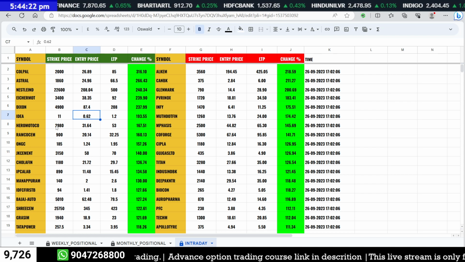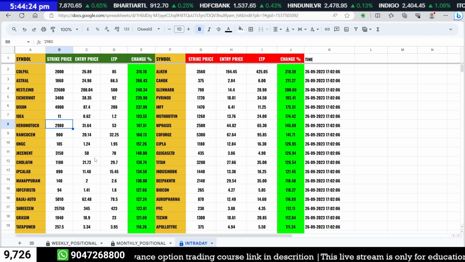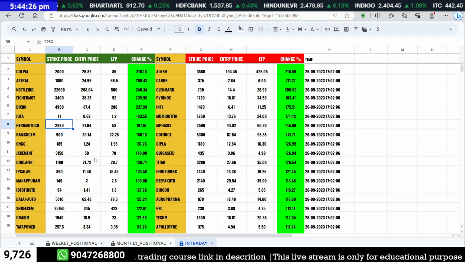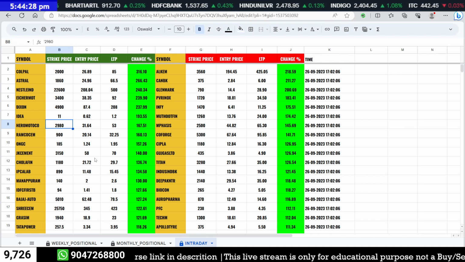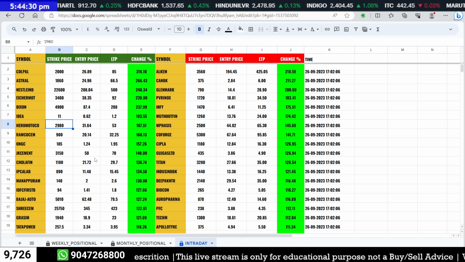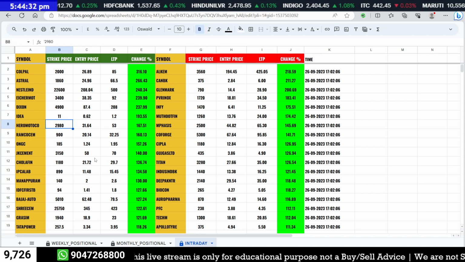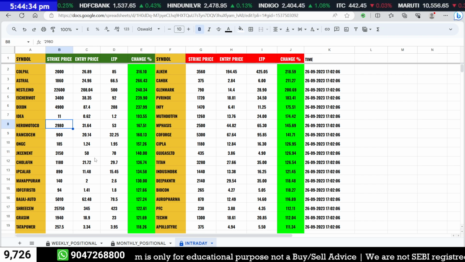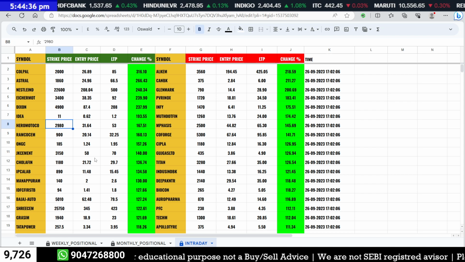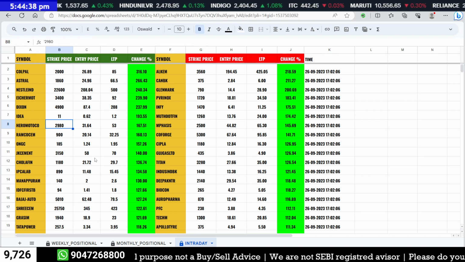And Hero MotoCorp 298031. So using the sheet, if you follow the rules, 1 or 2 trades is good enough, or at least 1,000 to 2,000 rupees per day. It's very easy with this Google Sheet, and if you plan that, you can utilize the Google Sheet to help you.